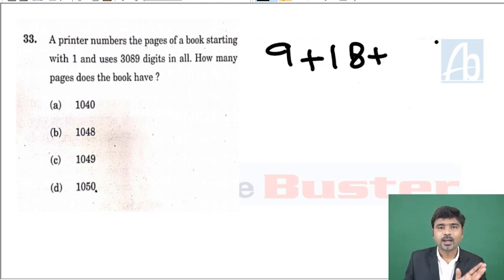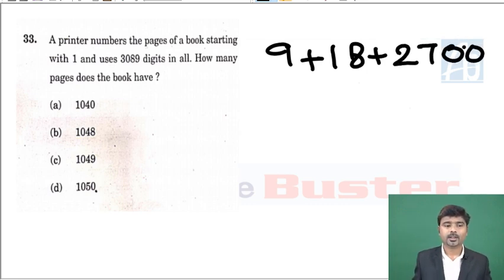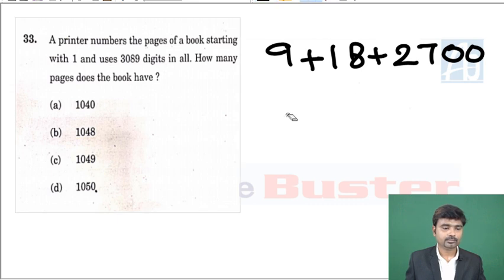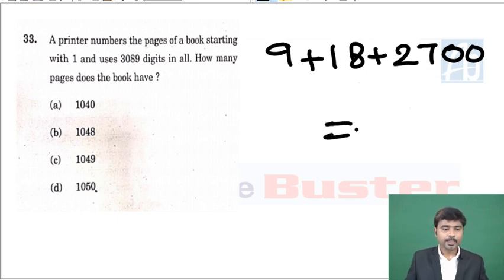If we take 100 to 999, 900 numbers will have 3 digits, 2700, right? If you add all three, 9 plus 180 plus 2700, what's the total?